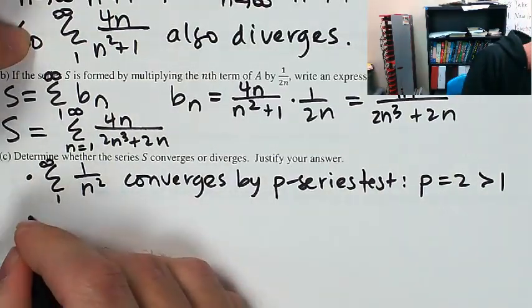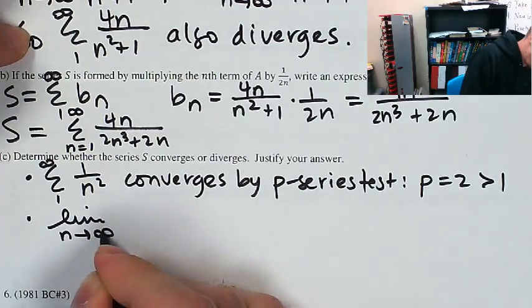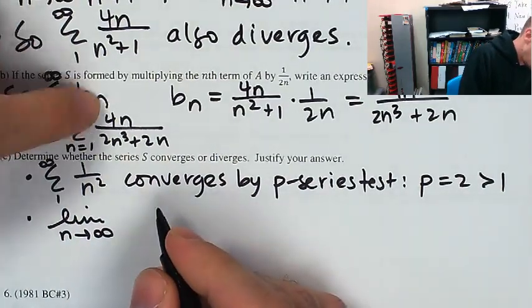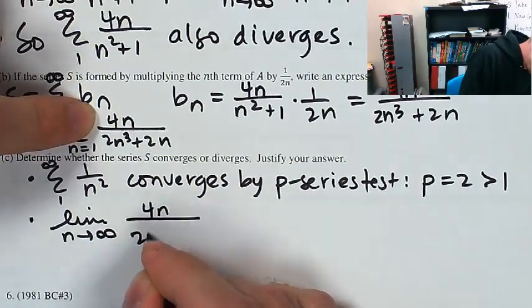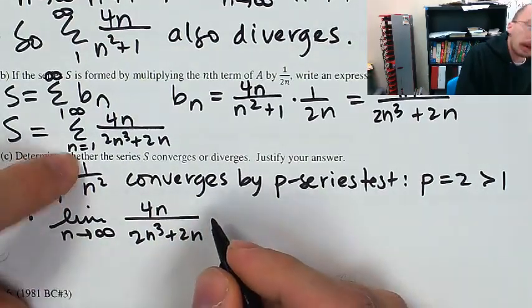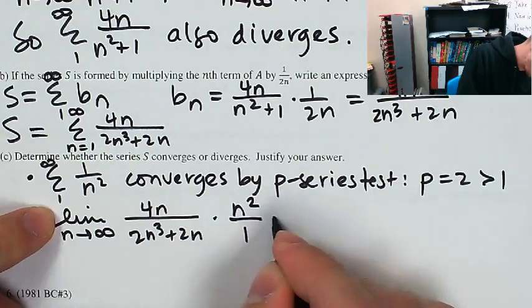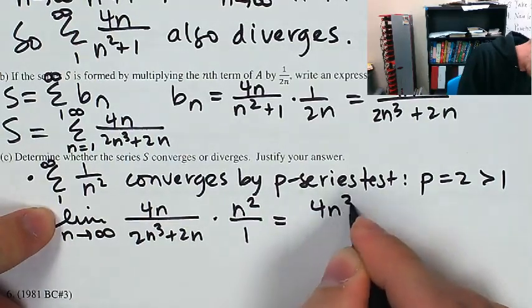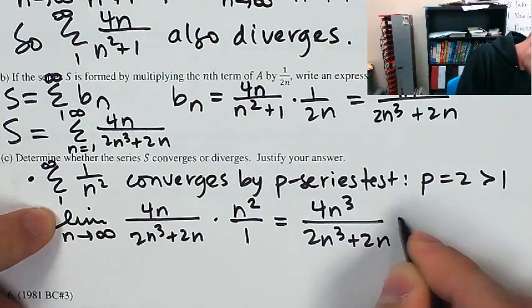Okay. Then I'm going to compute the limit as n approaches infinity of the ratio of the terms. Okay, the ratio of the terms of S is 4n over 2n cubed plus 2n. And then I'm dividing by 1 over n squared, which is multiplying by n squared over 1. And that's 4n to the 3 over 2n to the 3 plus 2n.